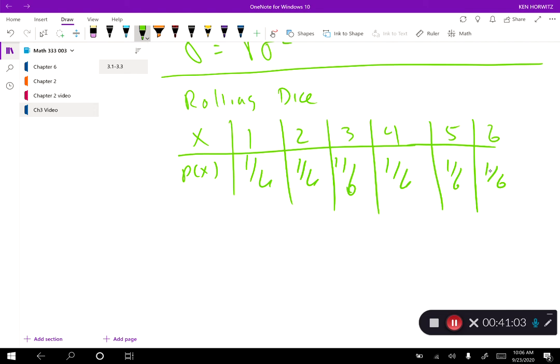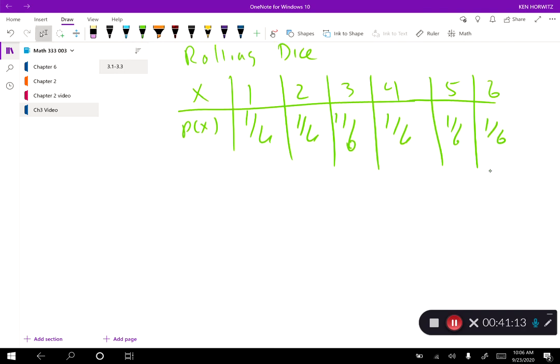All right. So if I wanted to find my standard deviation or my variance, let's just go with variance because standard deviation is just the square root of that. It's going to be the sum of x squared times p of x.